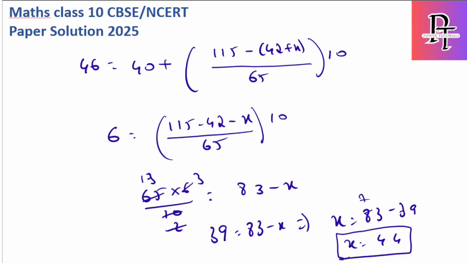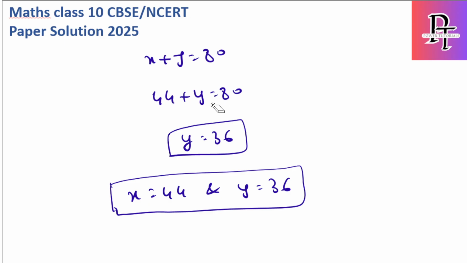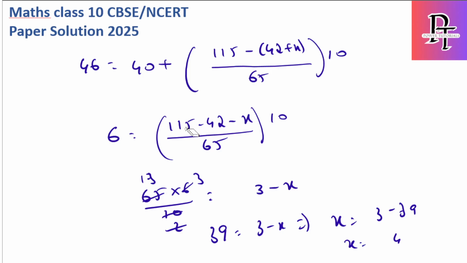Okay, so here is a calculation mistake. 11 minus 4 is not 8, 11 minus 4 is 7. So it's 73 minus 39, which is 34 here. x is 34.